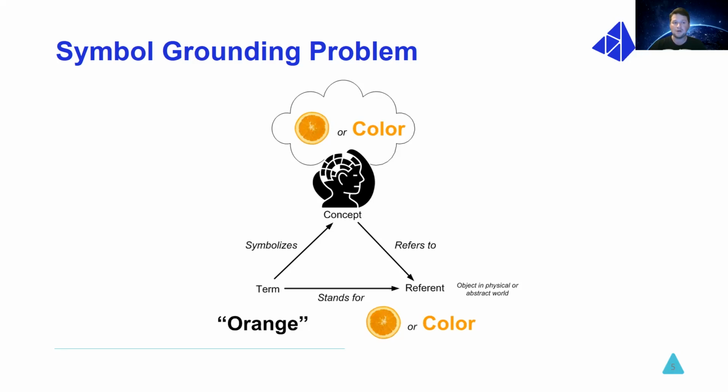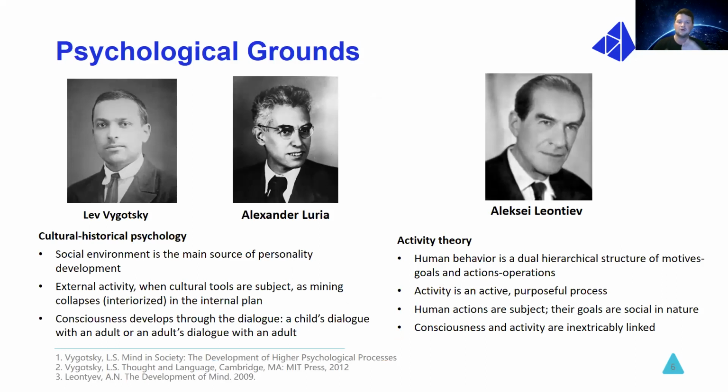One approach to solving this grounding problem is to apply the semiotic approach. The semiotic approach is grounded in the work of Soviet psychologists Lev Vygotsky, Alexander Luria, and Alexey Leontiev.